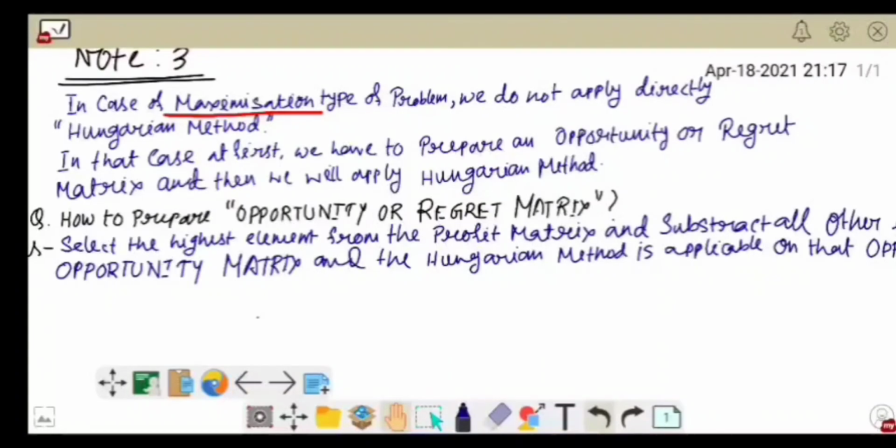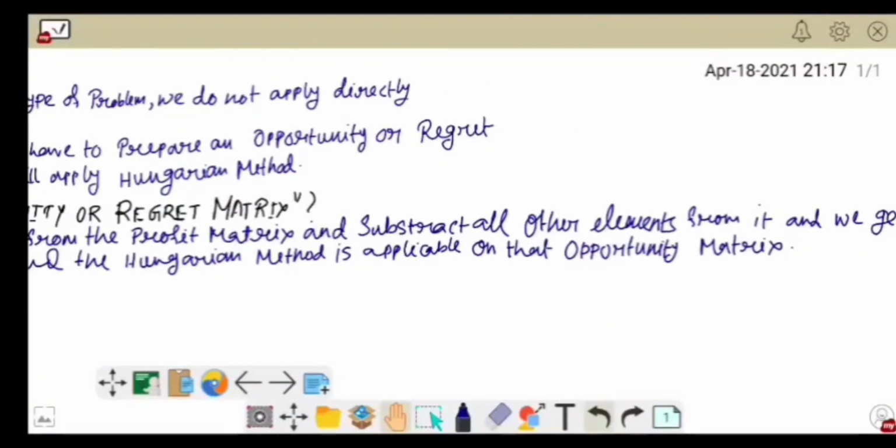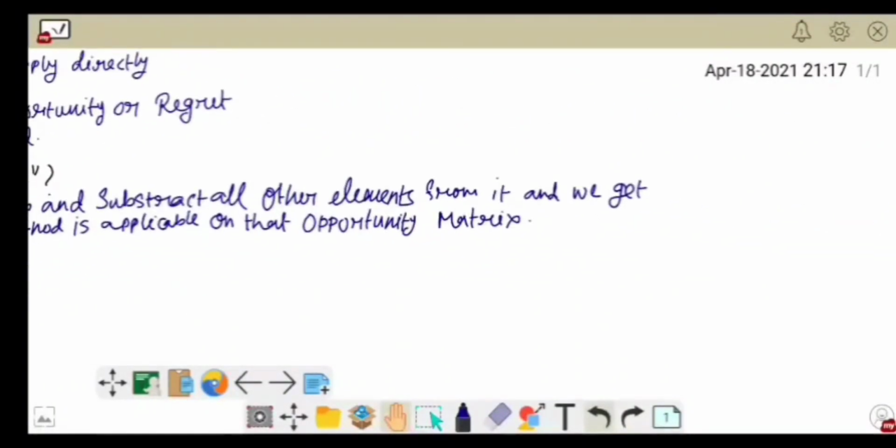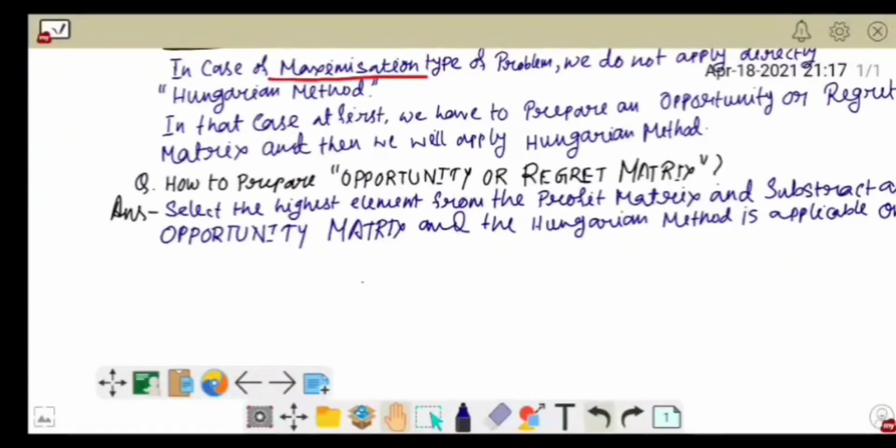So when profit elements come in the question, you will understand this is a maximization problem. Select the highest element from the profit matrix and subtract all other elements from it, and we get the profit opportunity matrix.